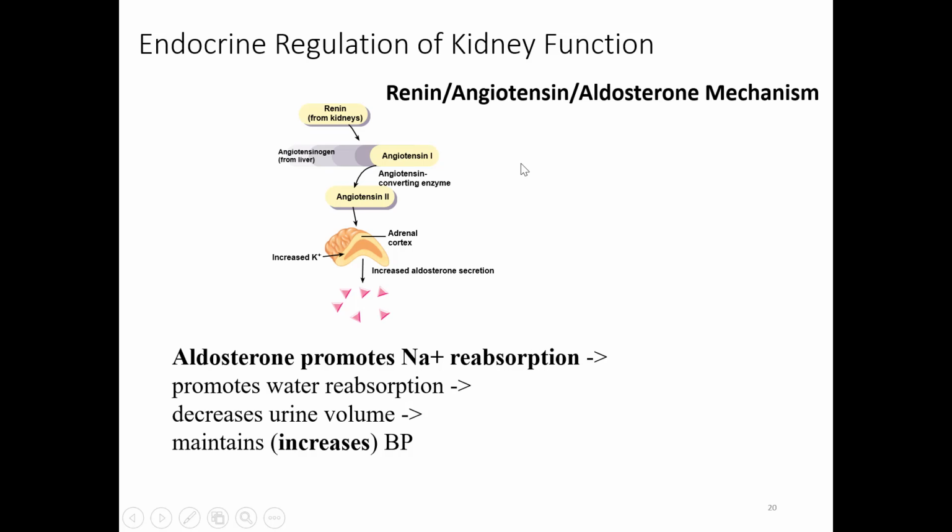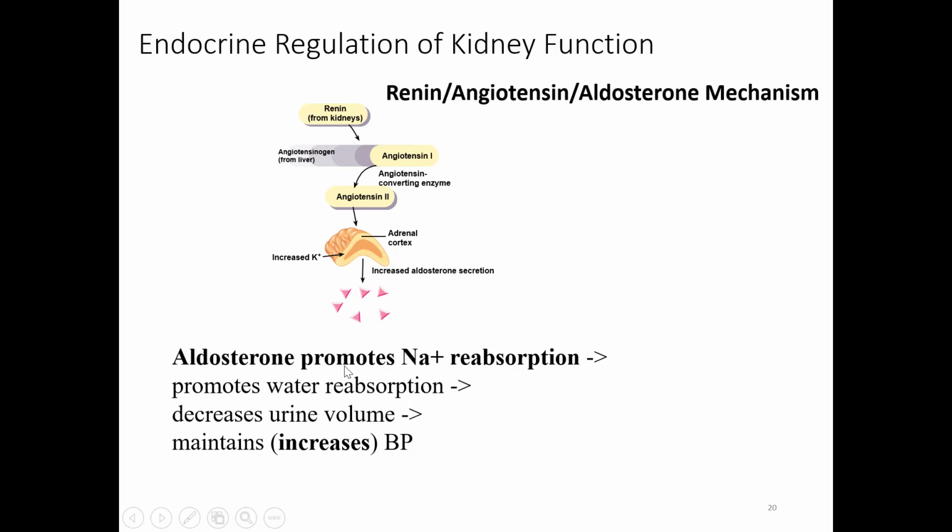Next one. The endocrine system also regulates kidney function. Kidneys produce renin, and renin converts angiotensinogen into angiotensin 1, which is then converted into angiotensin 2. Remember that. One of the functions of angiotensin 2 is stimulating the adrenal cortex to produce aldosterone.